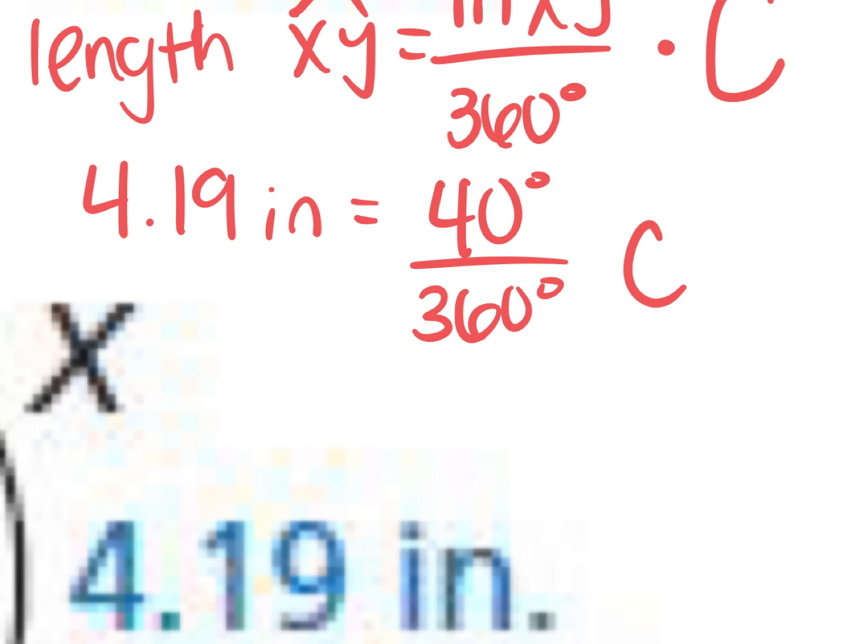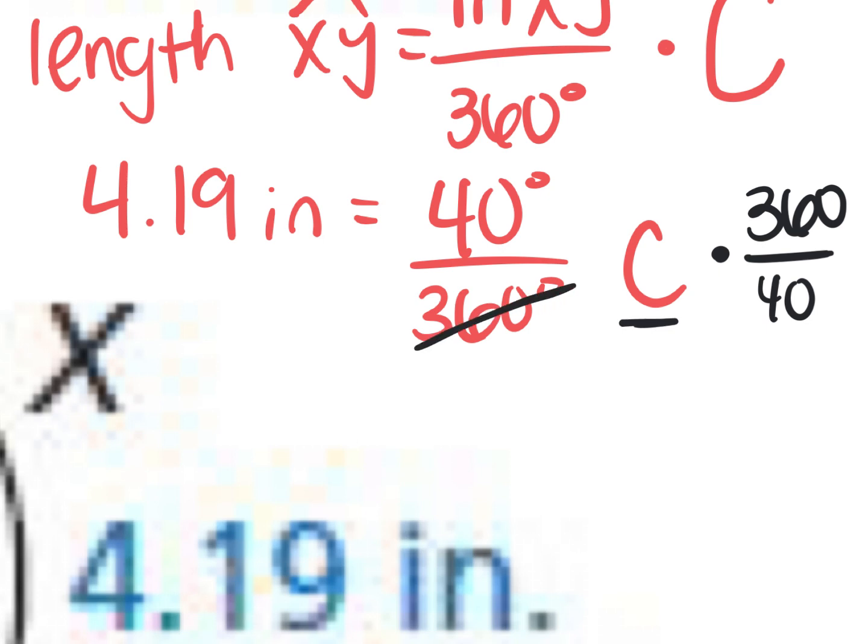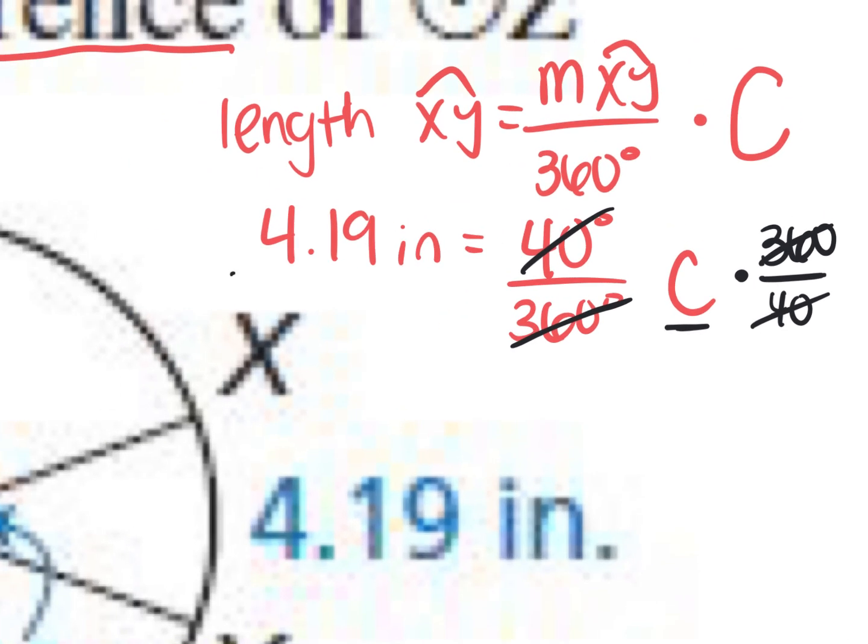Remember now, we're solving for this variable, C. What can I do to both sides of the equation to solve for the variable of C, to isolate it? Multiply by what? 360. Multiply by 360? Only? Over 40. What do we call that? The reciprocal. Very good. We multiply by the reciprocal so that the 360s cancel, the 40s cancel, and we do it to the other side.